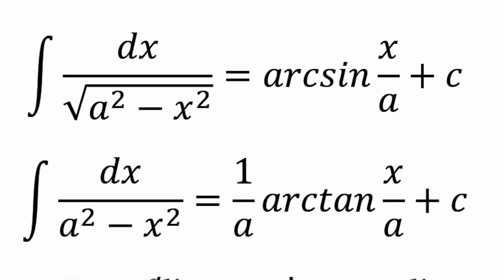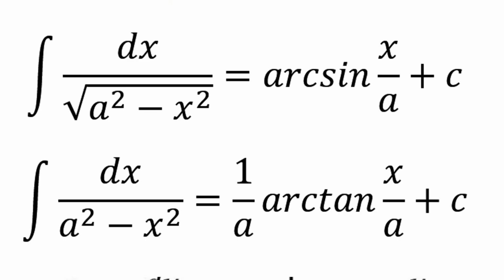Here we have the standard forms: the integral of dx over the square root of a squared minus x squared is equal to arcsine of x over a plus c. And the integral of dx over a squared minus x squared is equal to 1 over a arctan of x over a plus c.